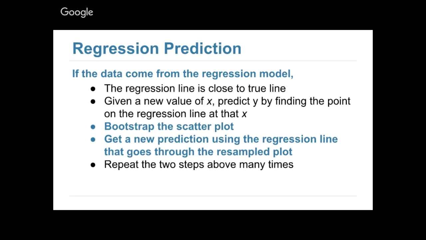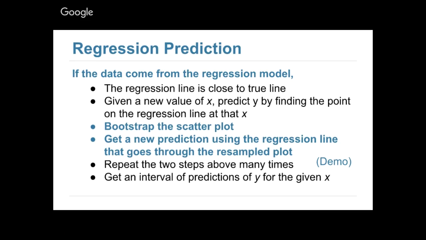If we repeat that a bunch of times and get the middle 95% of those predictions, now we have a 95% confidence interval for our predictions. So not only can we say our slope probably lies within this range, we can also say my prediction probably lies within this range as well. Really cool. Let's try it out.